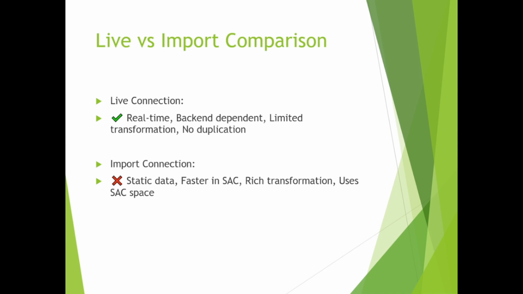Also, only limited transformation options are available, whereas in the import scenario, a lot of transformation options are available. Last but not least, no duplication of data is created in the case of a live connection, whereas with an import connection, duplication can exist.